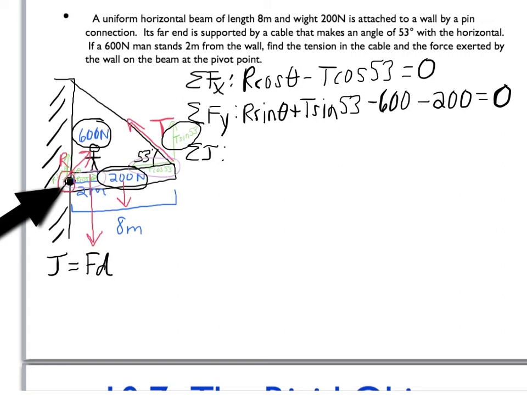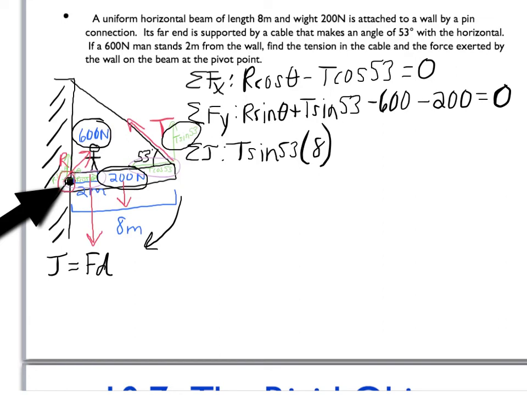Now remember what we said about directions on torque, that anything that would cause something to move in a clockwise direction is going to be considered a negative torque. So the only thing here that would cause this to move in a positive direction would be the tension force, or that component of the tension being the T sine of 53, acting at a lever arm of 8 meters away.